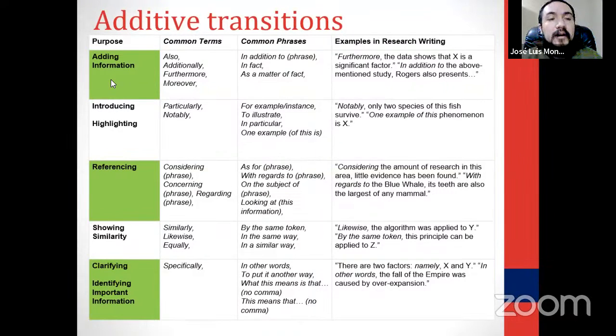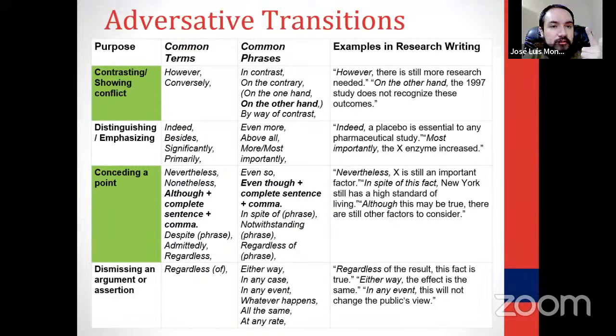Now, these are the 4 categories that we will see in terms of transitional words and phrases. Additive transitions, to add information in many different ways. This has at least 5 subcategories. Adversarial transitions have 4 subcategories.